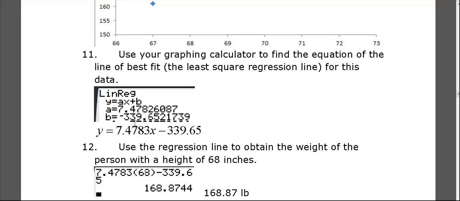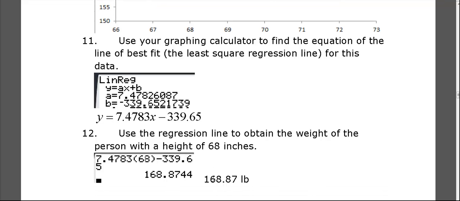So all that I have to do is, for x, substitute 68. You can type it directly like this in your calculator, and the weight is predicted to be, according to the line, 168.87.